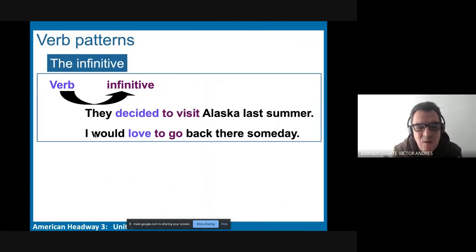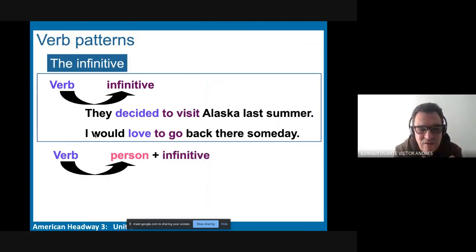Another example, I would love to go back there someday. In this case, we're using the same pattern. First of all, we need the subject, the verb, the infinitive, another verb, and then we continue with the rest of the sentence, right? I think that this is the most common pattern that we use in English.